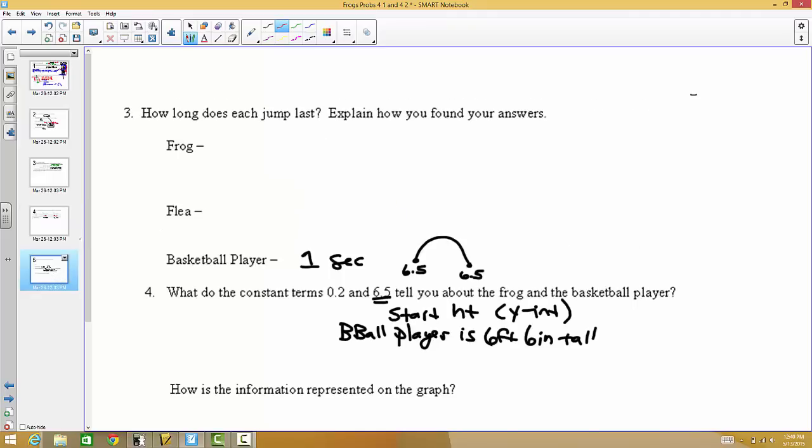And so how long did each jump last? 0.5 seconds is how long the flea's jump lasted, because that was when it started at 0 and then it ended back at 0 at 0.5. And then 0.25 was the peak here. And again, the flea's y-intercept was at 0. This is the frog, so we'll come back and explain that in a minute.